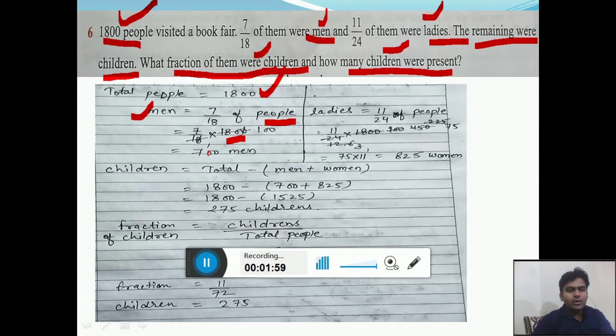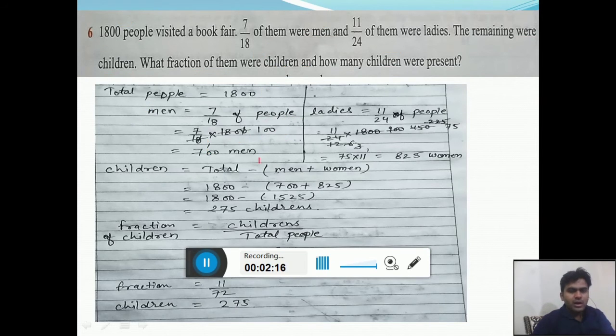This 18 and 18 we can cut, and here we get 100. 18 ones are 18, and these 2 zeros are left. Now 100 into 7 equals 700, so the number of men is 700. Like this we can find the number of ladies: 11 upon 24 of the people are ladies.